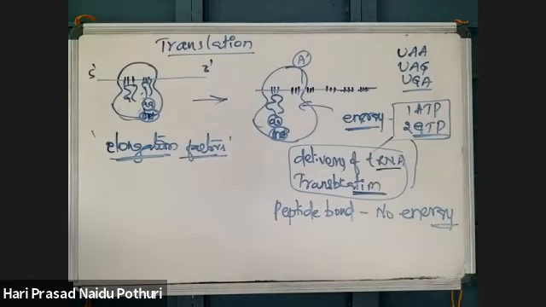Next step, next point. Overall, 1 ATP and 2 GTPs are needed for every amino acid.